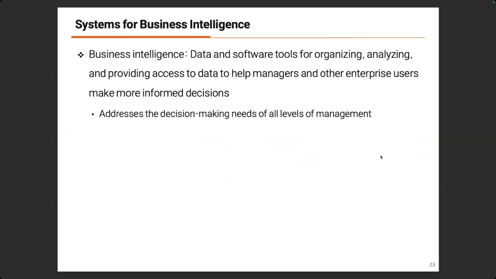So these systems can be used to address the decision-making needs of all levels of management. Many kinds of tools can be used as business intelligence methods. For example, digital dashboards, data mining, machine learning, deep learning, or AI models.